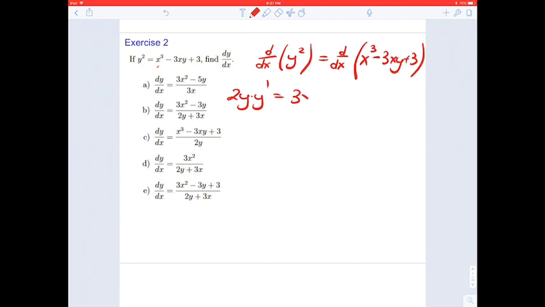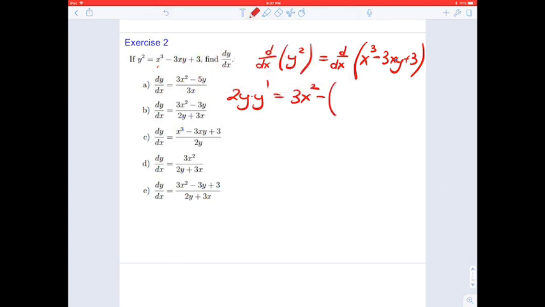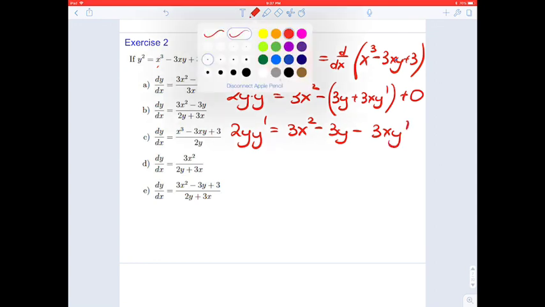The derivative of x cubed is 3x squared, minus, and now again we do have a product. The derivative of 3x is 3 times y plus 3x times the derivative of y. And the derivative of 3 is 0. 2y y prime equals 3x squared minus 3y minus 3x y prime.